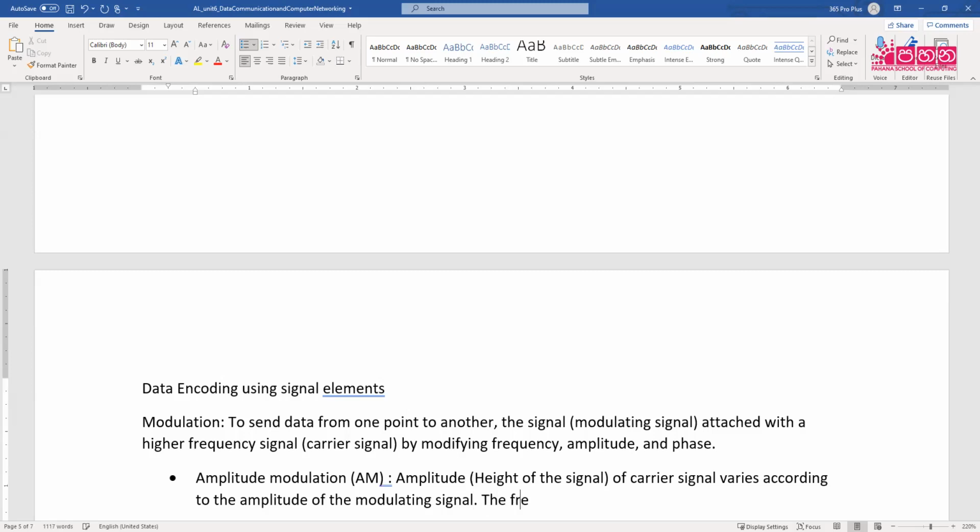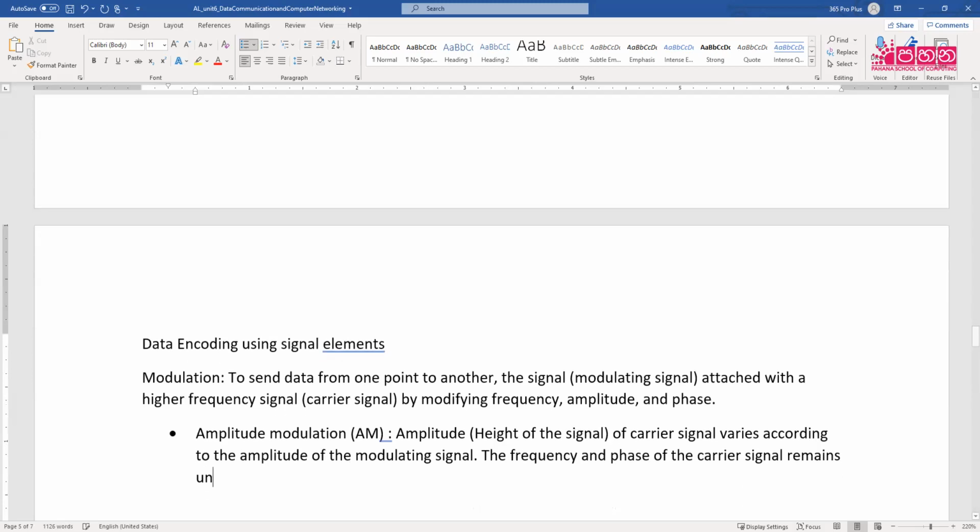The frequency and phase of the carrier signal remain unchanged. So the other two properties will not change. We are changing only the amplitude.